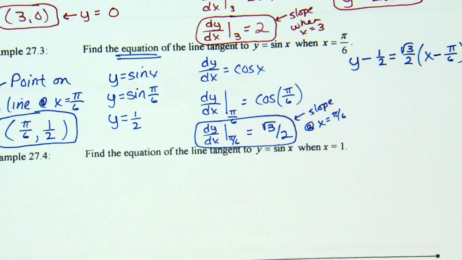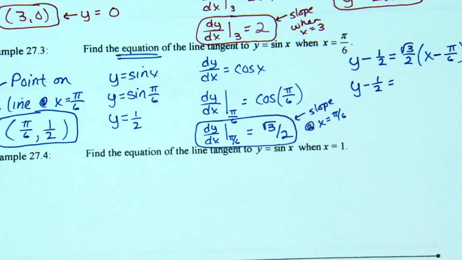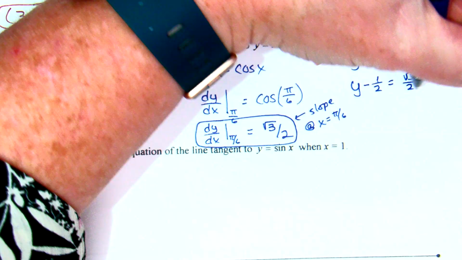That's a good description. Gross. Okay. So y minus 1/2 equals square root of 3 over 2 times x minus square root of 3 over 2 times pi over 6.